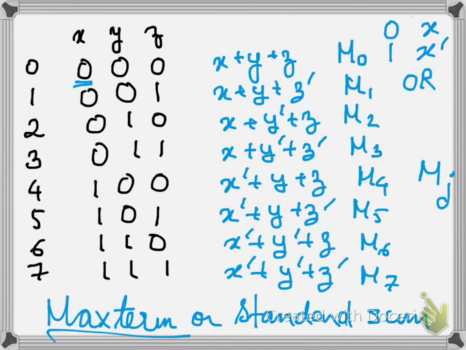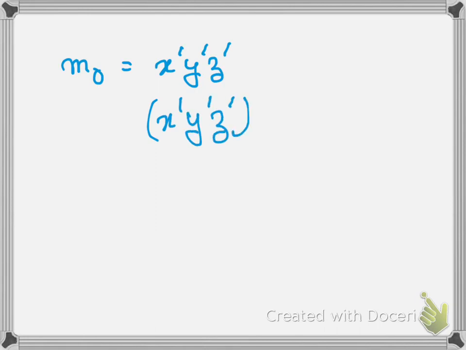So we have seen max terms and min terms. Here one thing you need to remember is that each of these is nothing but the complement of each other. Let us take a max term, say, M0. What is M0? M0 is x plus y plus z. Now if I take the complement of the min term x dash y dash z dash, what do I get? We follow De Morgan's law.